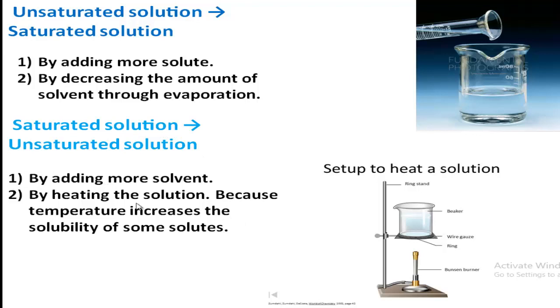So by these two ways, we can convert a saturated solution into an unsaturated solution. My dear students, this is important for your exam: how can you convert an unsaturated solution to saturated, or saturated to unsaturated? I hope you can clearly understand.